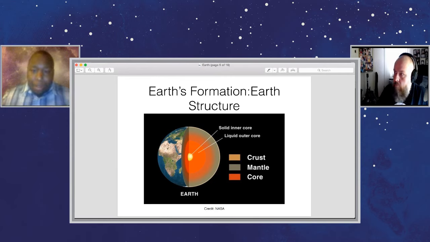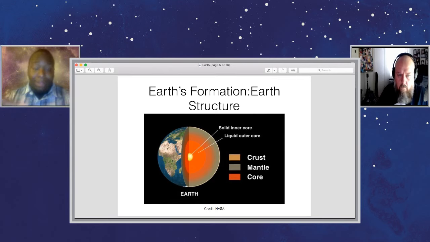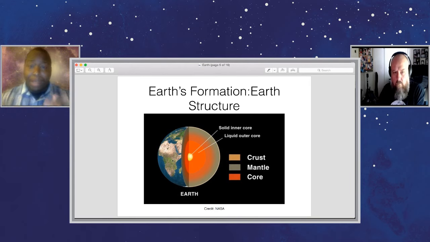Well, as I was stating earlier, we have our sun in the center, and around our sun initially, we have this disk of material. In the case of our Earth and also many other planets in our solar system, as this material rotates around our sun, it begins to clump together, of course, due to gravity.